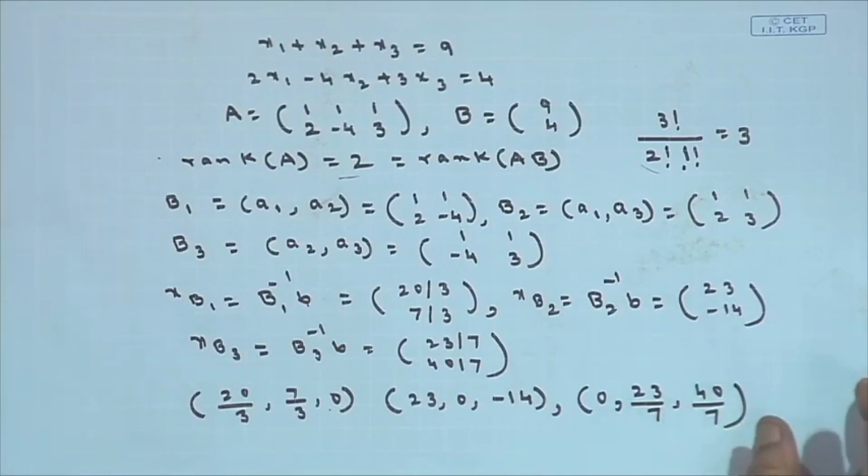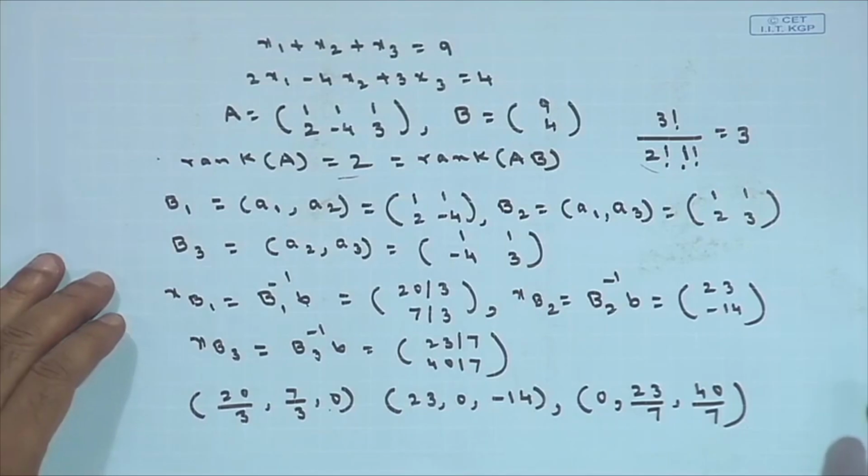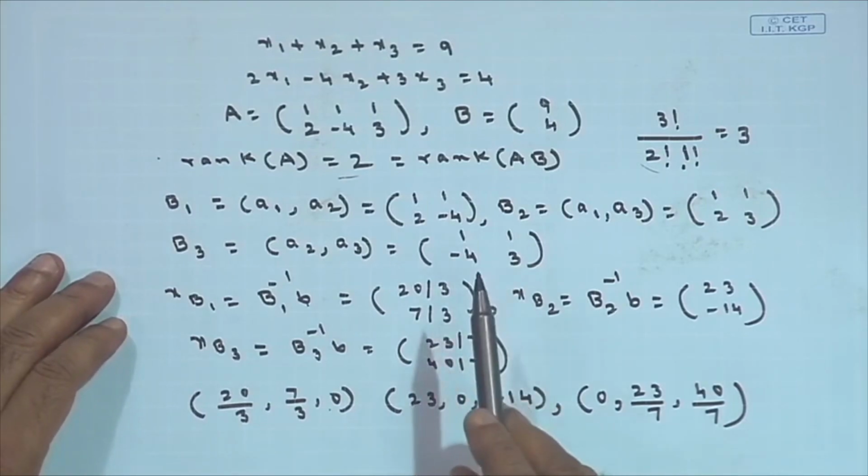So, if you see what is happening in the process of finding the solution, basically we are trying to find out the basic solution at first. How to find the basic solution? For that we are using the linearly independent columns or the rank.